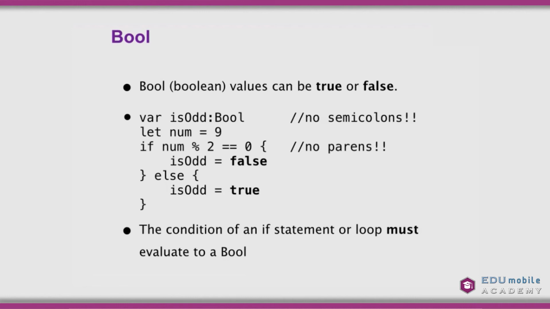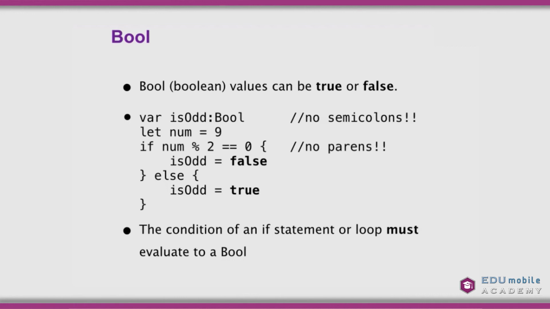So is odd equal false, else is odd equal true. So pretty much what we would expect in terms of syntax. There are no semicolons and there are no parens in the condition for this if statement. Conditions don't have parentheses in Swift, and we don't have to use semicolons, although we can in Swift.